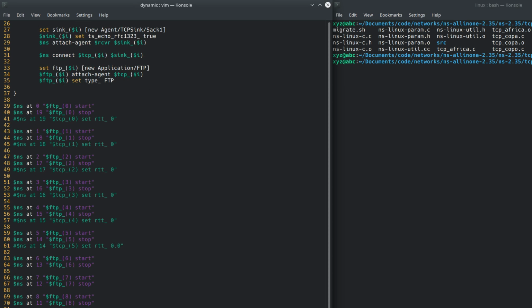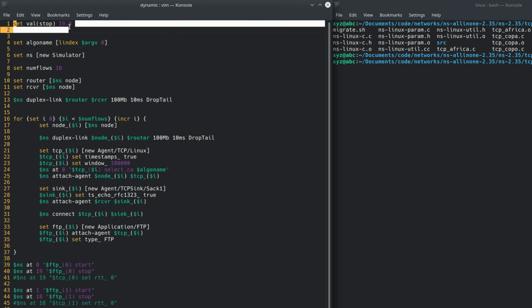The 10th flow, for example, is only going to be active between 9 and 10 seconds. Okay, so we can see that each one of the flows is going to be active during different amounts of time. So for example, the 10th flow only 1 second, the 9th flow only 2 seconds. On the other hand, the first flow during the whole 19 seconds that the simulation lasts.